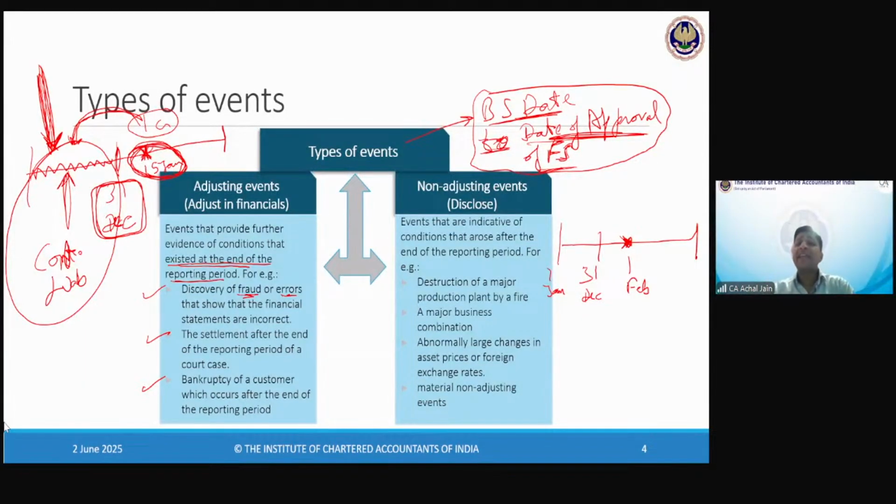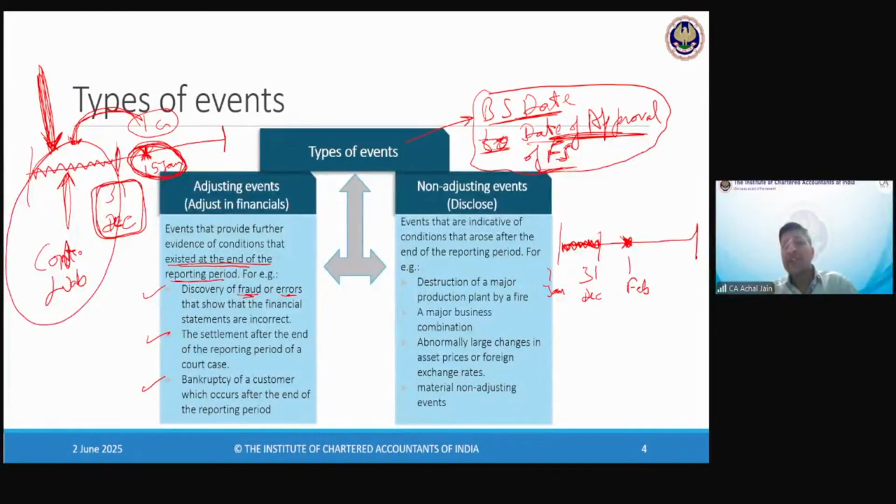Now the question arises: this recognition that you do, whether you record this in the reporting year. For this, you will go to AS4.